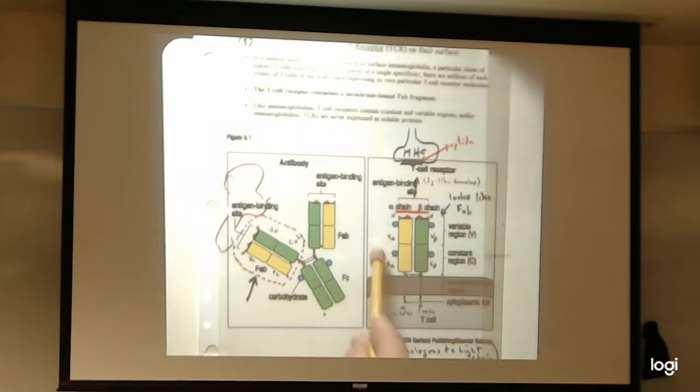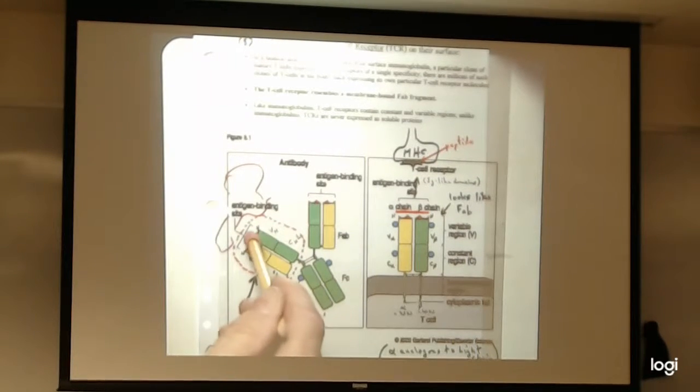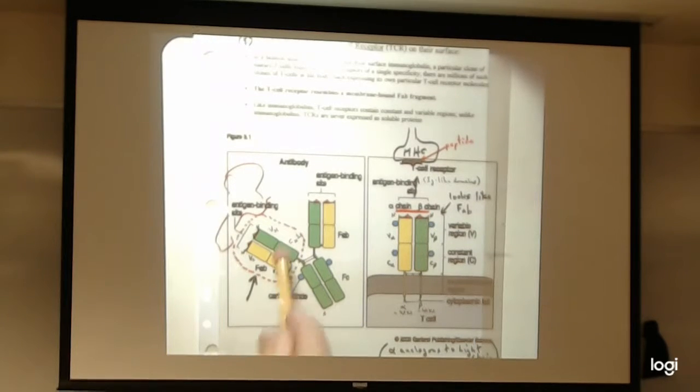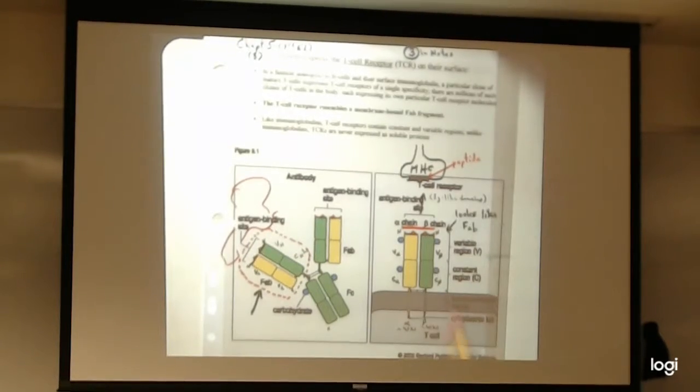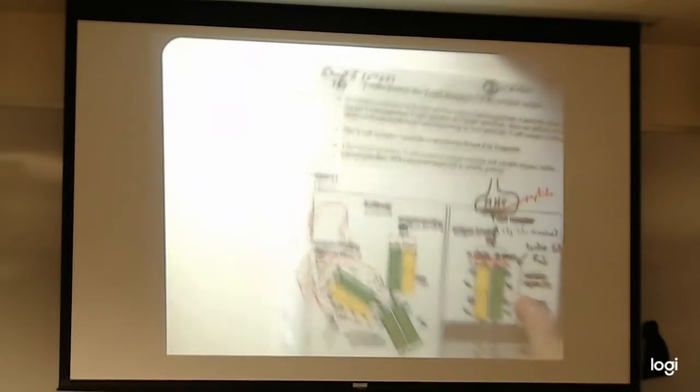And we have an alpha chain and a beta chain. The alpha chain is related to the light chain of the arm. The beta chain is related to the heavy chain component. So let's take a look in more detail at what a T cell receptor actually looks like at the level of crystallographic structure.